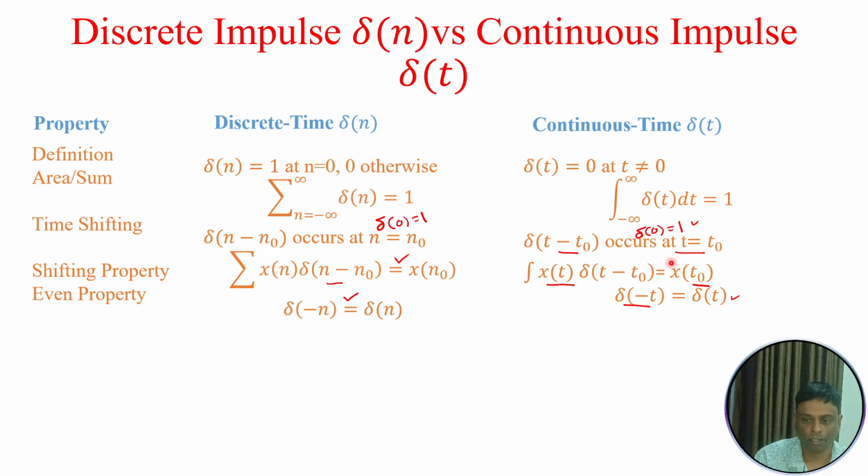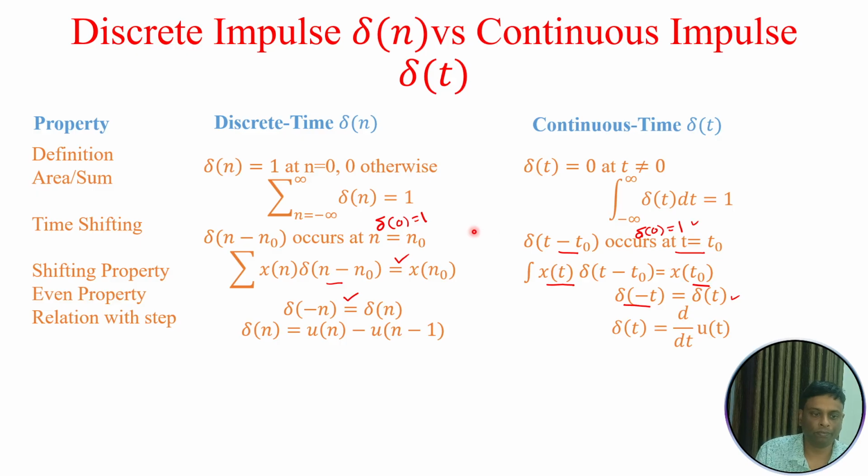Next is the relationship with the step function. In terms of discrete time, delta of n equals u of n minus u of n minus 1. This is a very important relationship between delta of n and u of n.